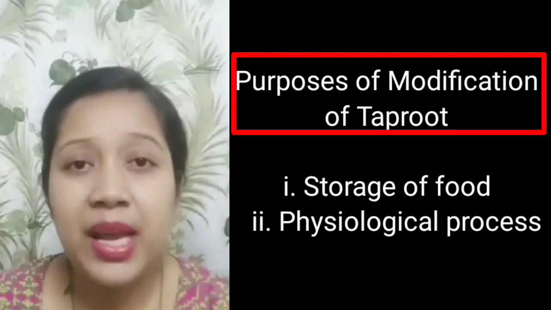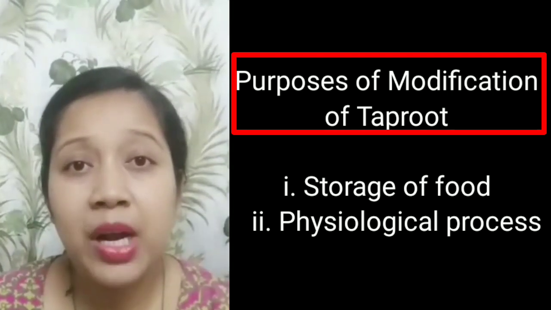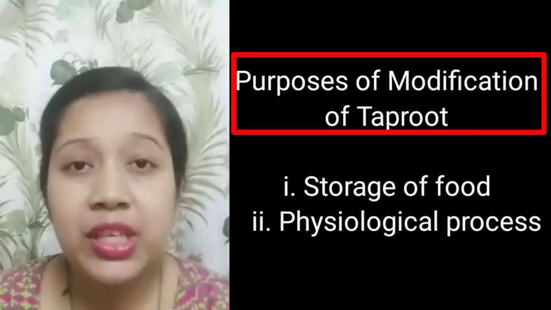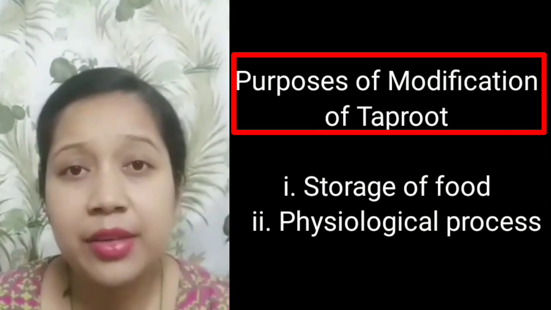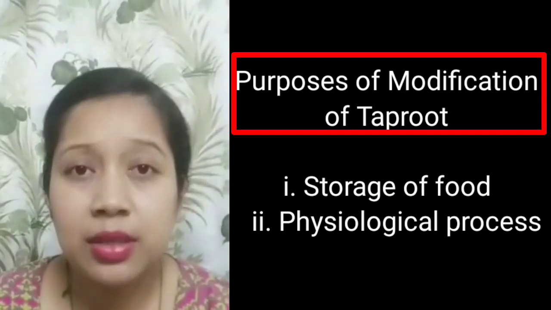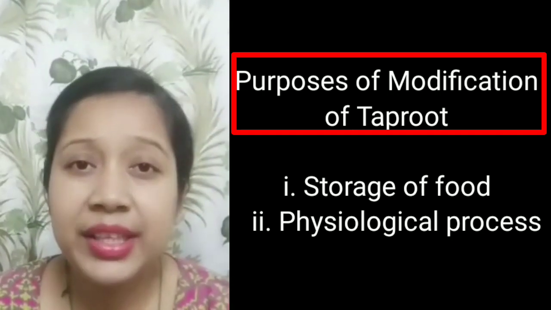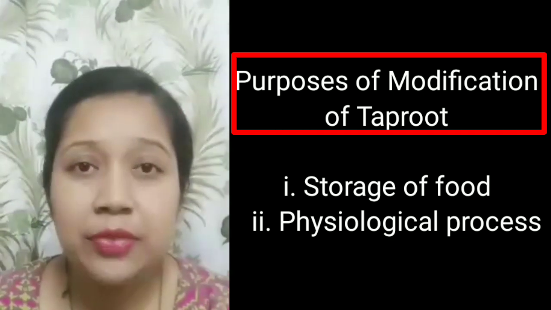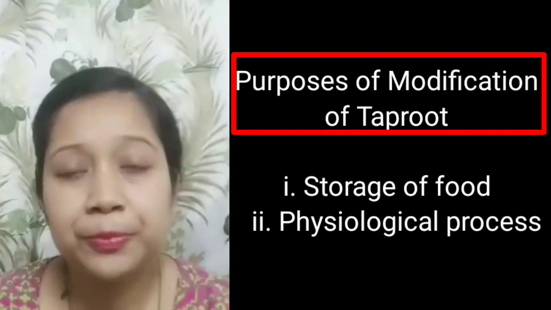But in the case of some plants, the roots too have to take part in such respiratory exchanges. So such plants undergo those modifications, or it can be for some other physiological functions, which we are going to discuss one by one.